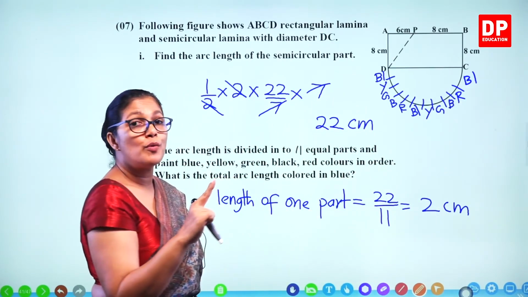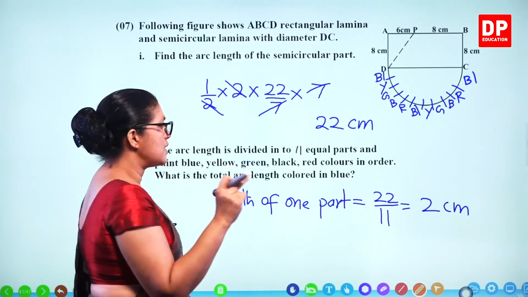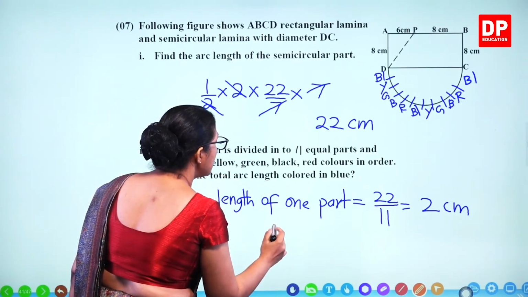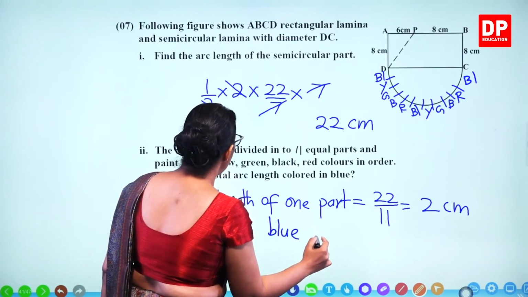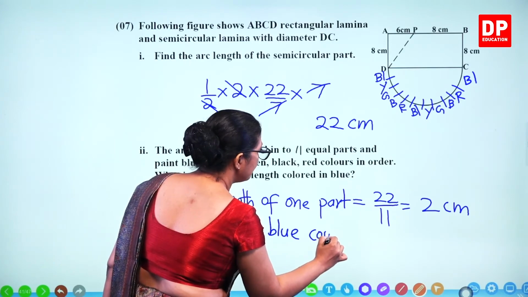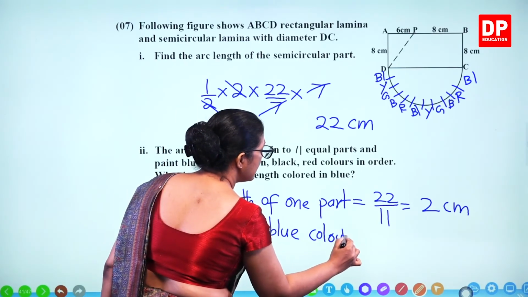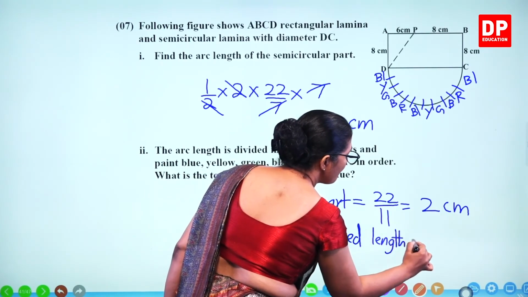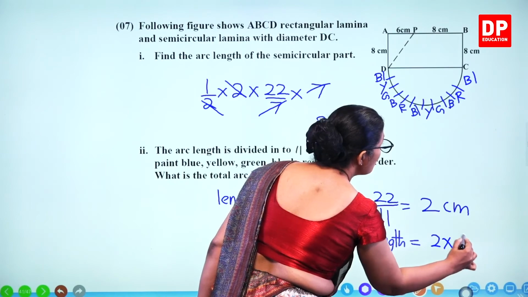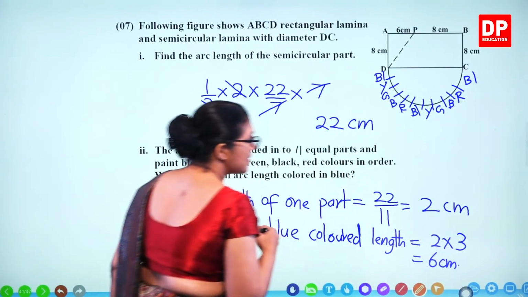How many blue parts are there? 3 parts, each one 2 centimeter. So what is the blue colored length? Blue colored length is equal to 2 centimeters into 3 parts, 6 centimeters.